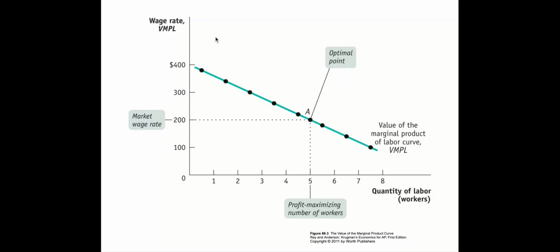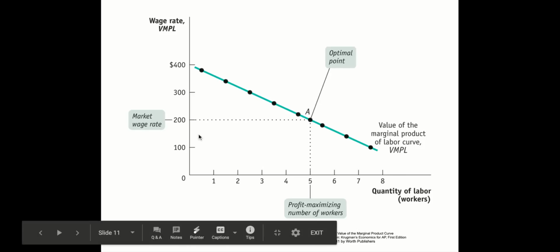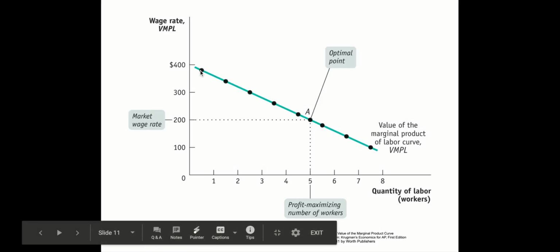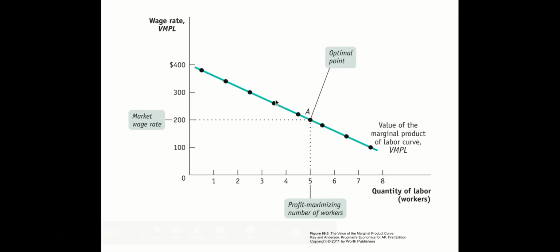This is what the demand curve would look like, downward sloping, and this is just graphing what the value is for each worker. Say it costs $200 to hire each worker. Do I hire the first worker? Yes, I do. The second worker? Yes. The third? Yes. The fourth? Yes.